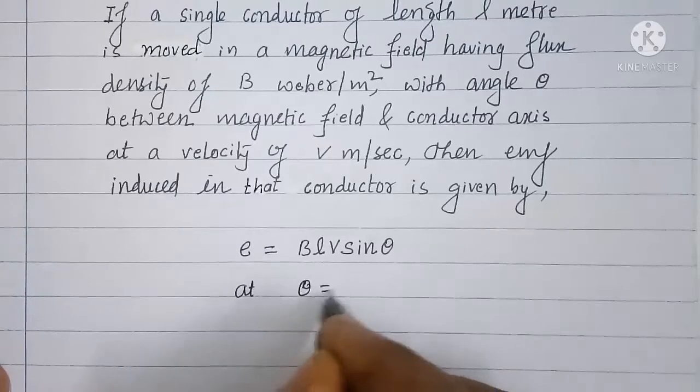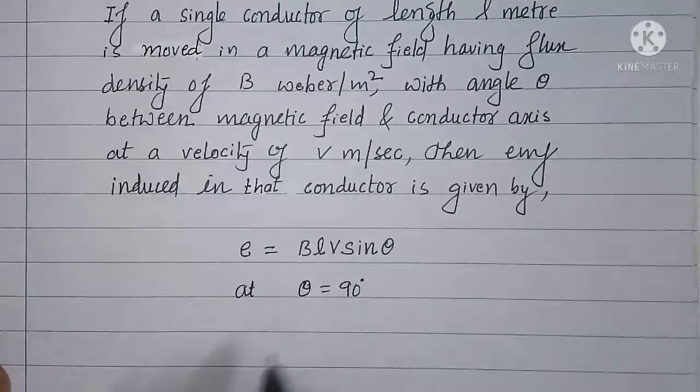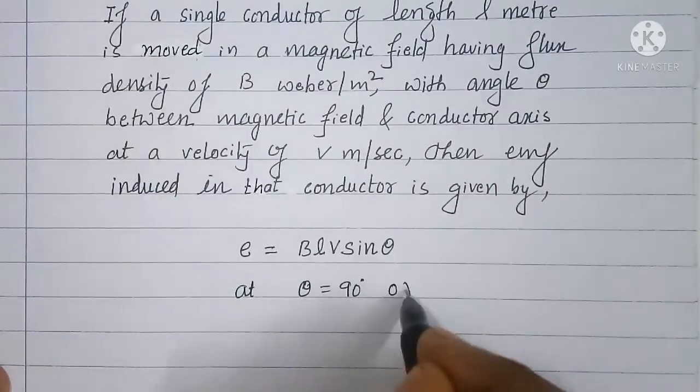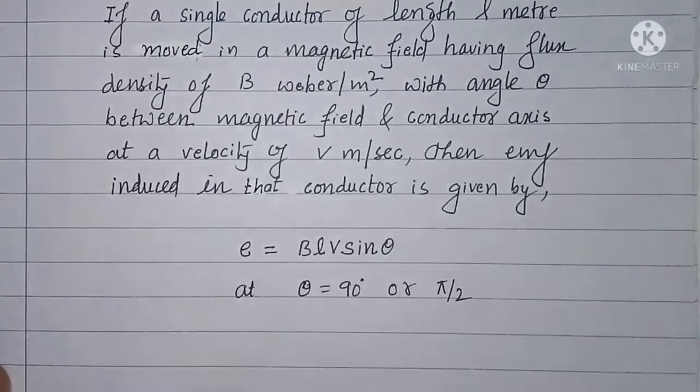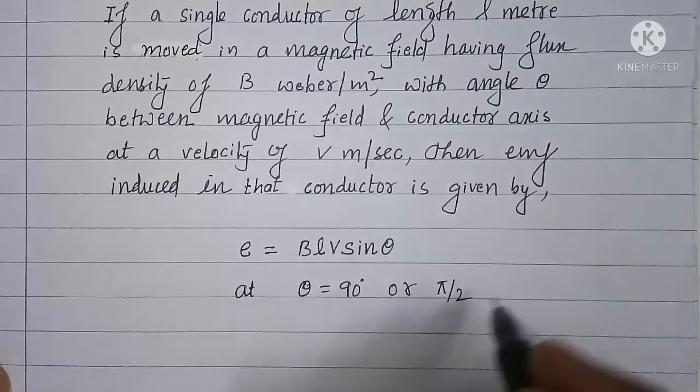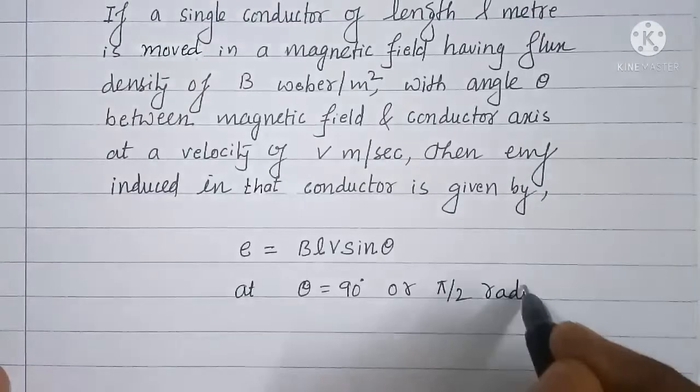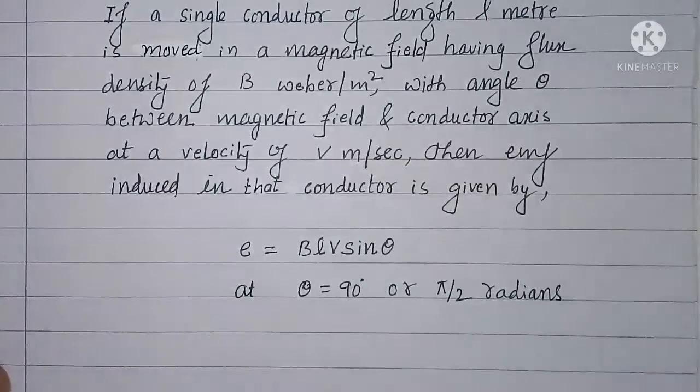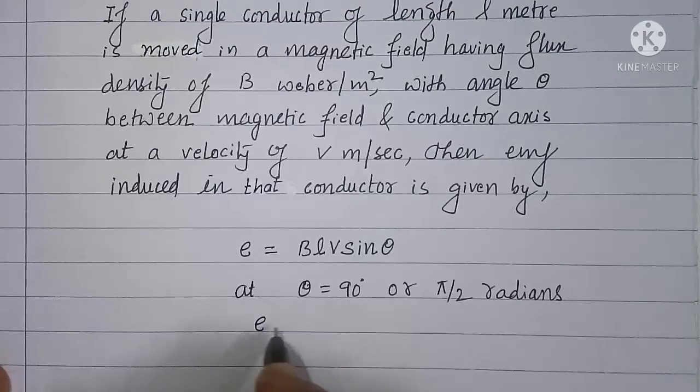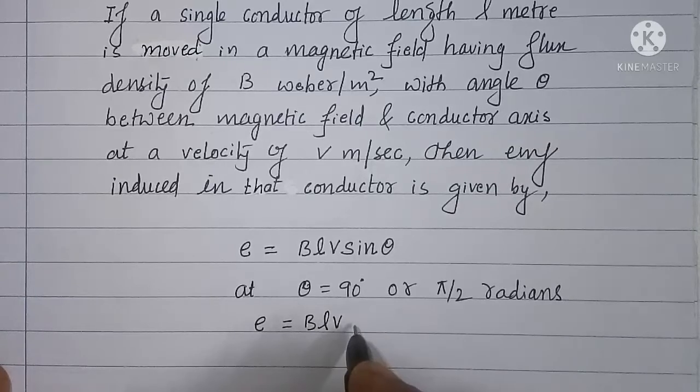At theta equal to 90 degree or pi by 2 radians, E will become equal to BLV into 1, and it is maximum possible value of induced EMF.